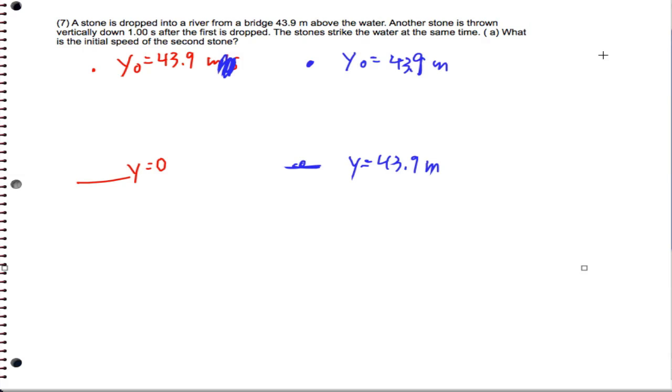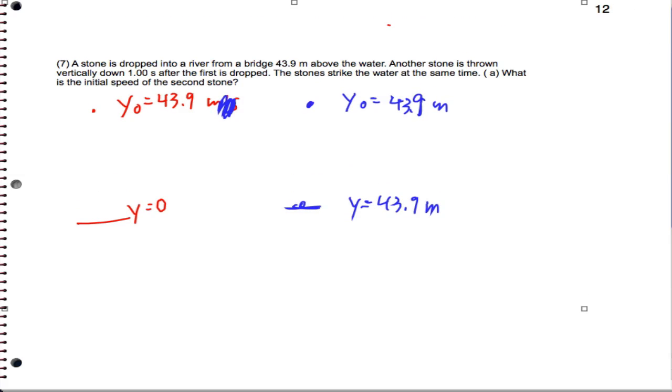Let's solve some things for the first stone. Let's get its time to hit the water. So y equals 1/2 g t squared. I don't have an initial speed, I do have an initial position of 43.9, and my final position is 0.